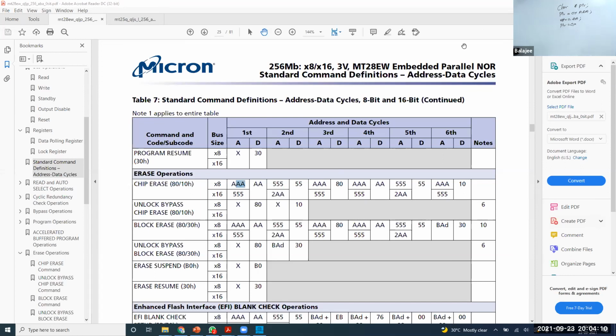So now I've written 0xAA. Then I've written 0x55. See the first data I'm writing. I'm using 8-bit mode. This guy says that on the first address AAA, give AA. Then the second address, give 555.